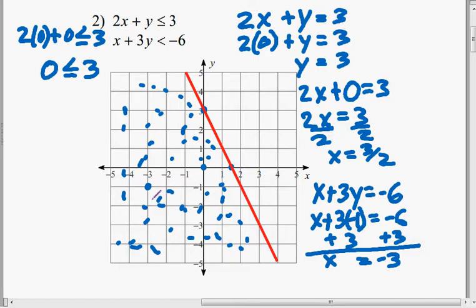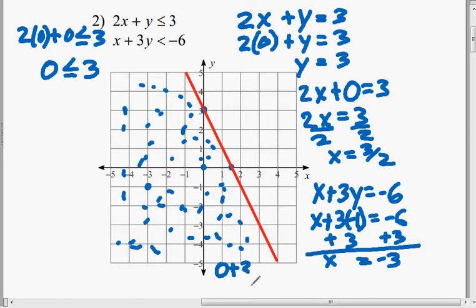I am also going to try x equals 0. I tried y equals 0, it didn't work. I'm going to try x equals 0. If x equals 0, then 3y, trying to find a place where it won't be confusing. I'm going to do that over here.